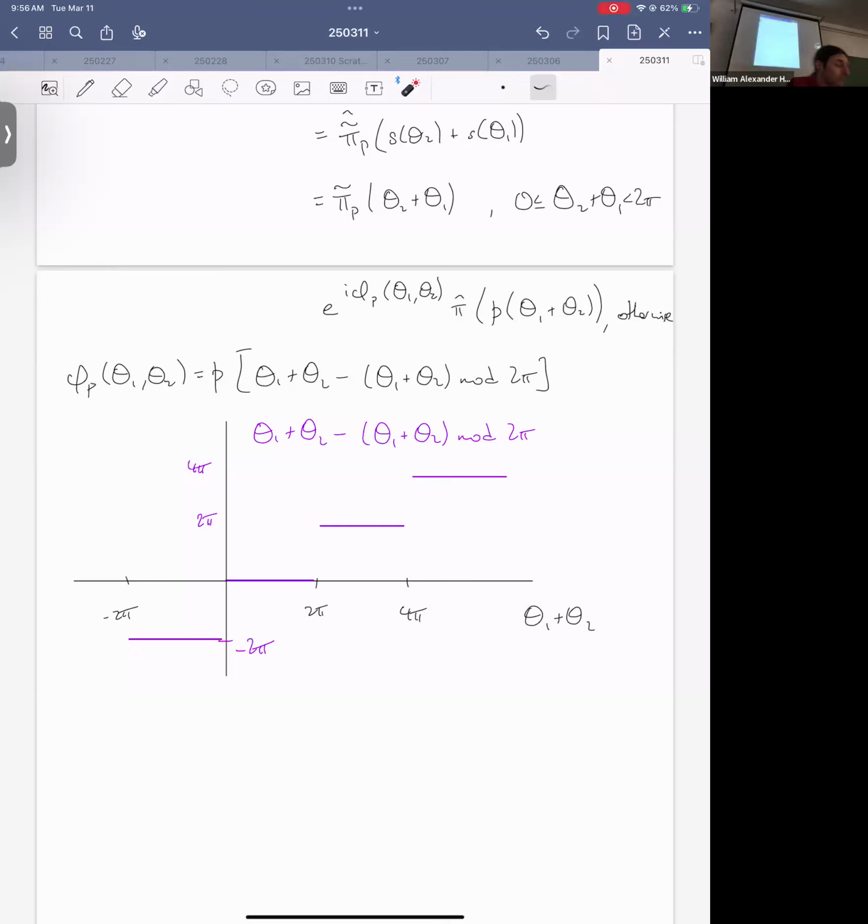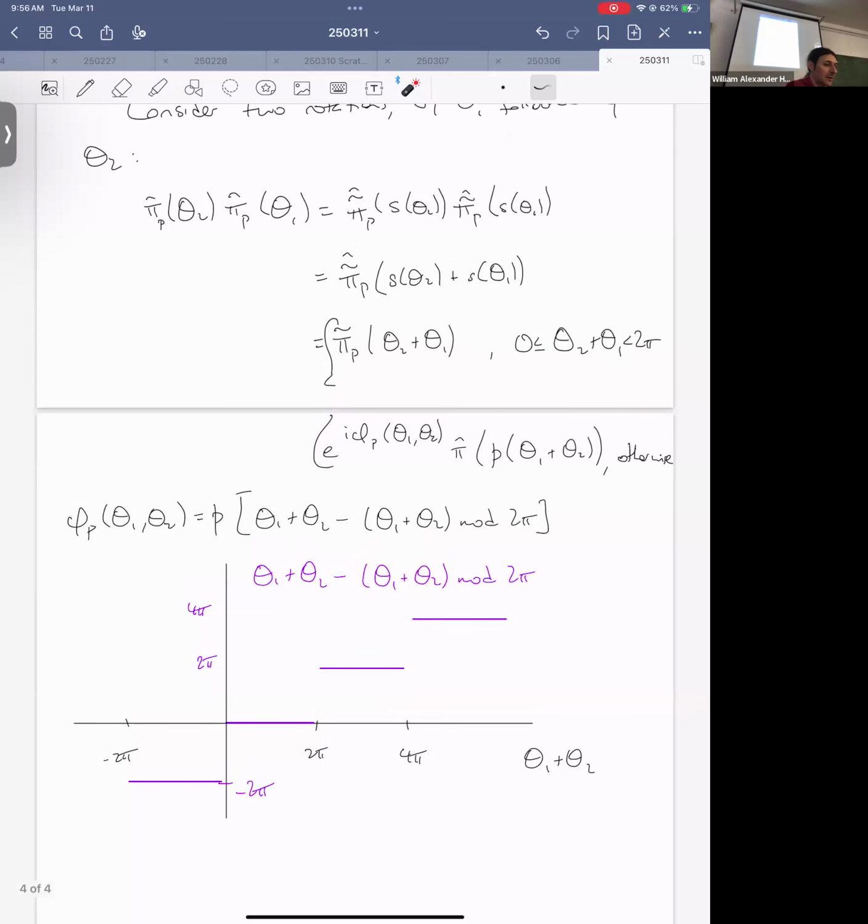But the point that is very important that I want you to see is the discrete nature of this phase. This phase ticks around as theta 1 and theta 2 change. And you might ask, why am I even writing something with the 2 pi and the 4 pi and so on? The point is that I could also ask what happens if I rotate again by a theta 3, theta 4, and so on.